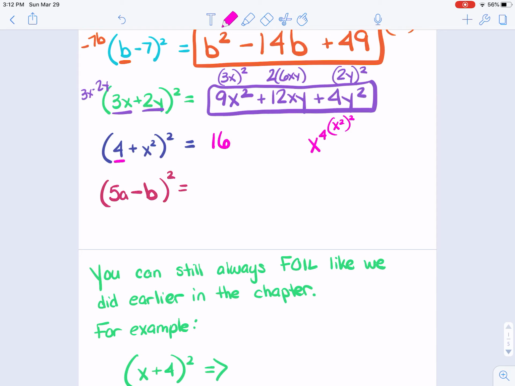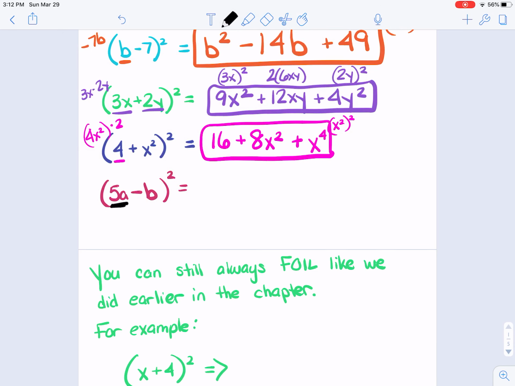So it'd be x to the 4th. That's positive x to the fourth. Now for my middle term, 4 times x squared is 4x squared. And then I need to multiply that by 2, which gives me 8x squared. Just the 4 got affected there, not the variable, because I was multiplying it by 2.